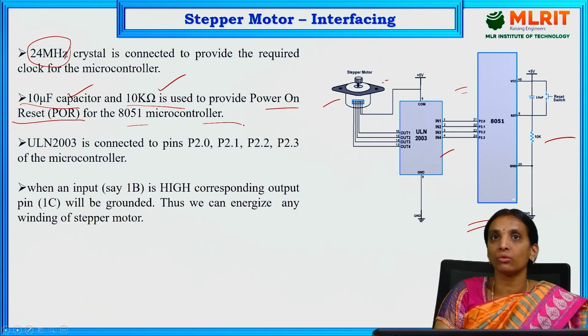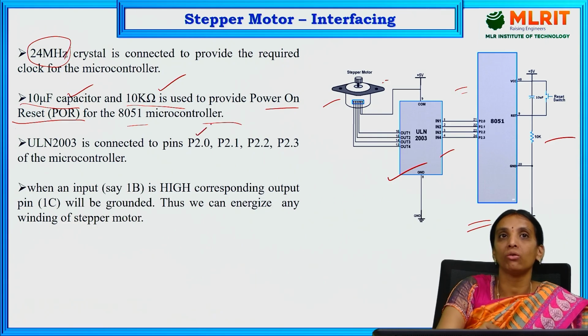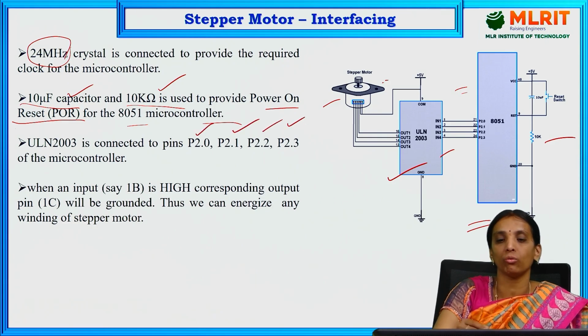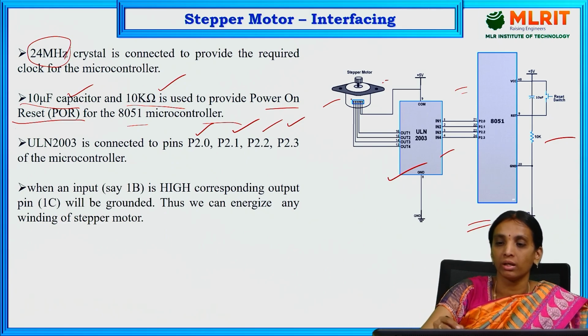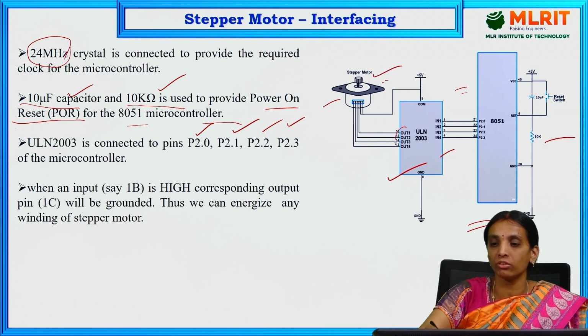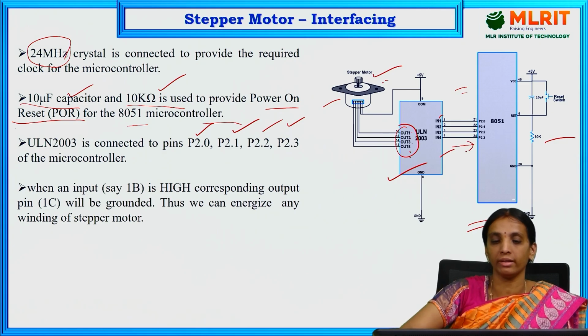The ULN 2003 driver is connected to the port pins of the 8051 microcontroller, which are P2.0, 2.1, 2.2 and 2.3. These are the 4 pins connected to the 4 inputs. The 4 windings of the stepper motor are connected to the out pins of the ULN driver, which are out 1, out 2, out 3 and out 4, and they are driven from in 1, in 2, in 3, in 4 from the 8051 microcontroller.